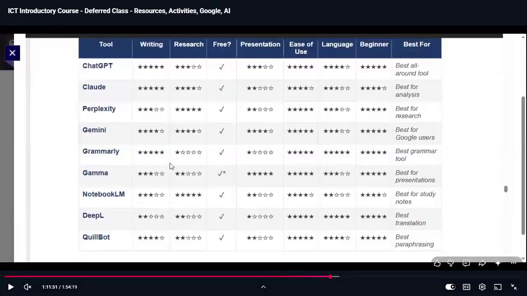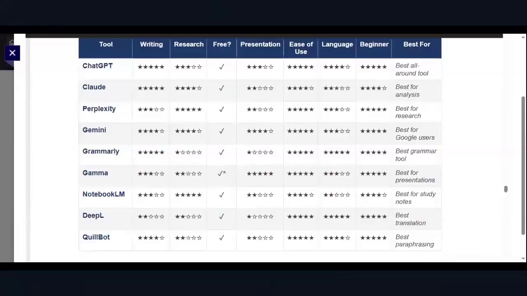Okay, you have Grammarly. Grammarly for writing, ease of use, and for languages. It's the best for doing, for example, translations, for doing investigation in other languages.